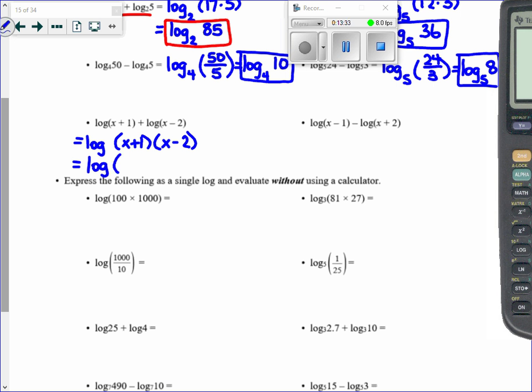So I've got x times x squared, x times negative 2 minus 2x, x times 1 plus x, 1 times negative 2 minus 2. Okay, and if I took this a step further and combined my like terms, this is the same thing as log in base 10, I don't have to write that, of x squared, negative 2x plus x is negative 1x, minus 2. So this would be my final answer.